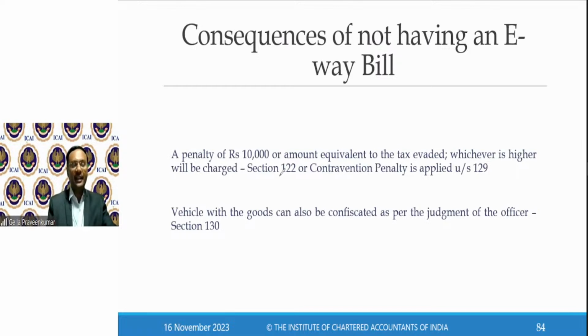Penalty under section 122 can be levied for rupees 10,000 or an amount equivalent to the tax evaded, whichever is higher. Or contraventions under section 129 can be invoked. Generally, this is a post-mortem analysis.